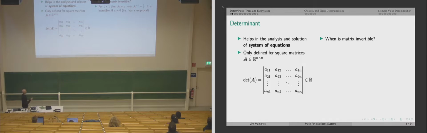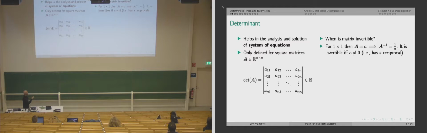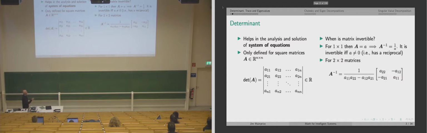Right, so let's first look at the case where a matrix is a single scalar element. In this case, the matrix inverse is actually the reciprocal of the single number. And in the case of 2D matrices, what we get is this here.